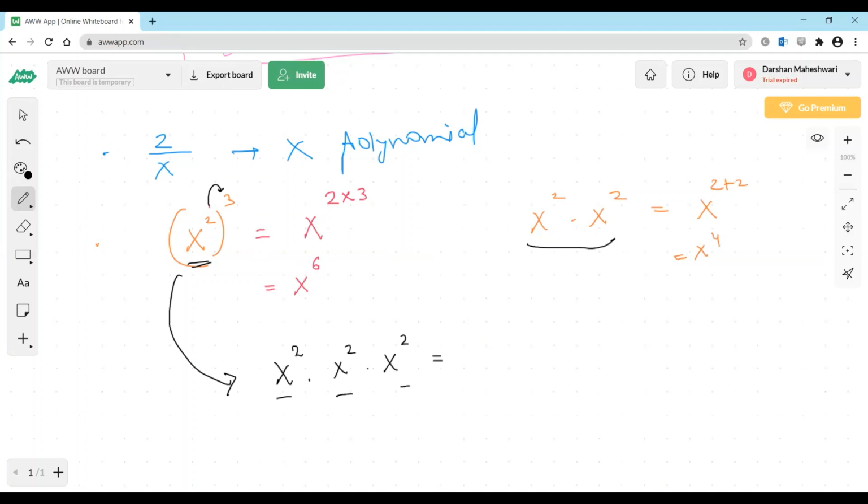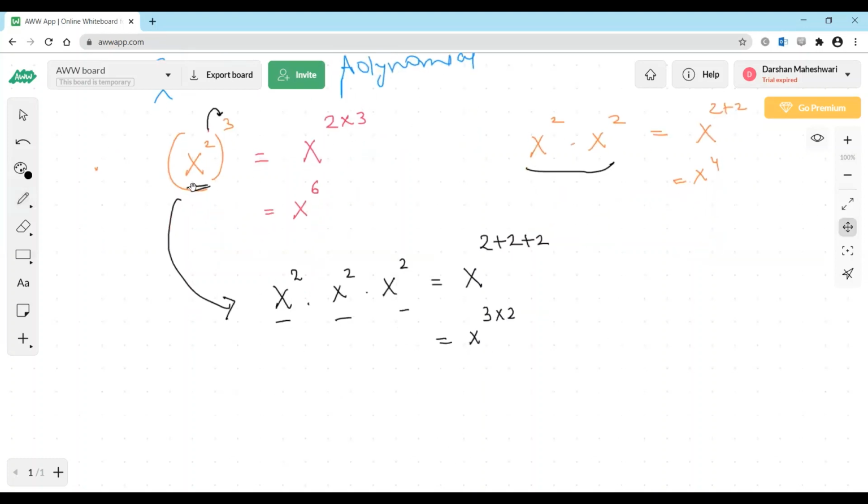And as per this rule, we can write this as x raised to the power 2 + 2 + 2, which is nothing but 3 times 2, which is nothing but x raised to the power 6. So that's how we are getting x raised to the power 6 over here, by multiplying these two exponents right away. So that is the rule.